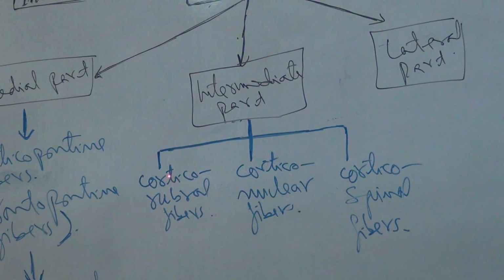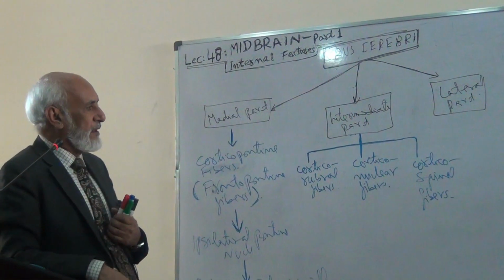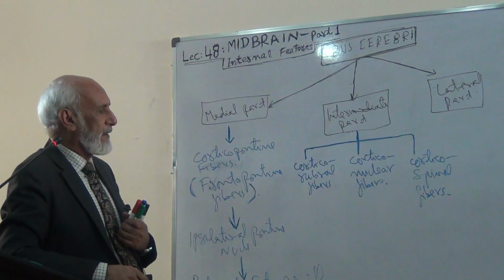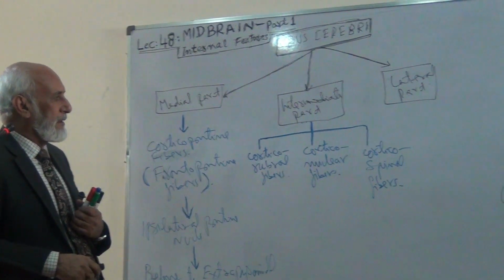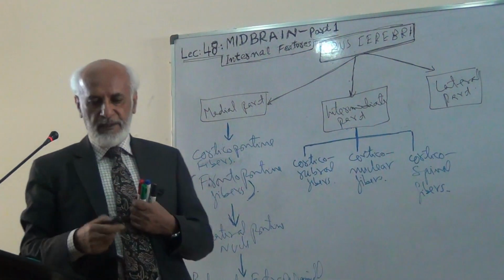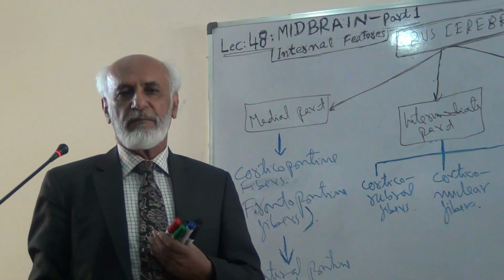Now, corticorubral fibers arise from the cerebral cortex, descend through the intermediate part of the crus cerebri, and in the midbrain these fibers end at the red nucleus. Rubra means red.